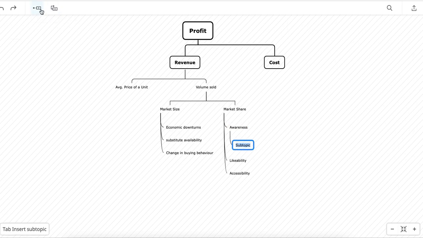Okay, so to take the case of awareness. Now, this happens in most of the new companies. They come up with some new product, along with some very good, let's say, value proposition. But until people know that this product exists in the market, how will they buy?